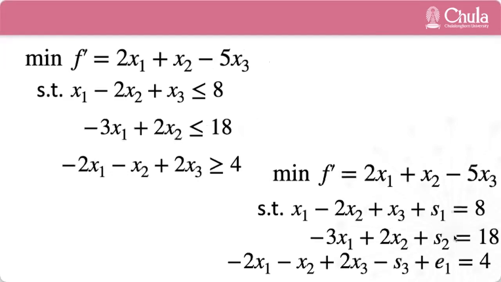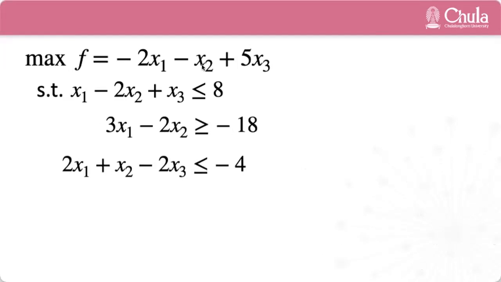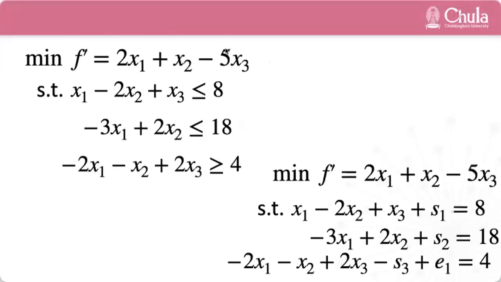Okay, like this. So we change the first line to be minimized, and we change the constraint in order to make the right hand side non-negative, right?